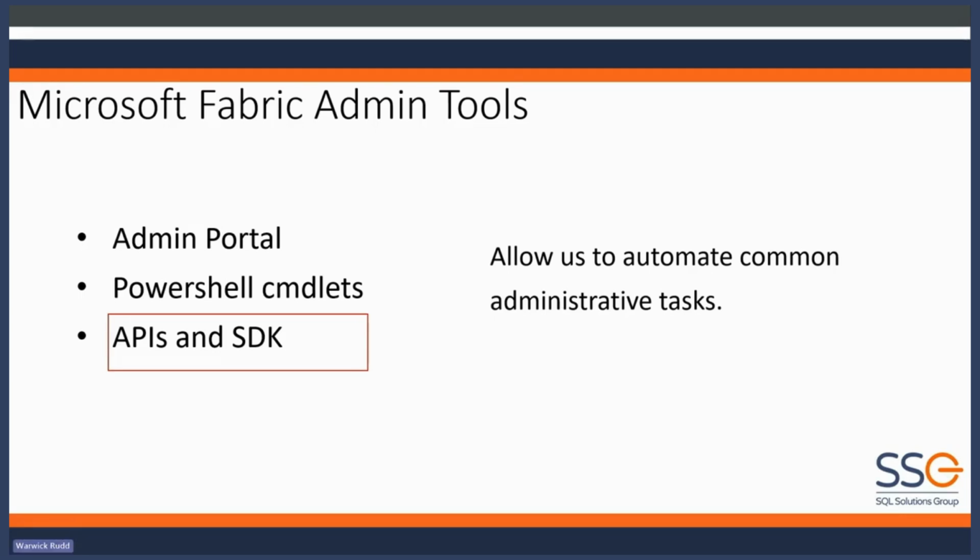If you do, you're a lot smarter than me, but hey, I'm okay with that. But these are the things that are available to assist you in managing and maintaining the Fabric environment, as well as making your life easier in automating and administering this environment.